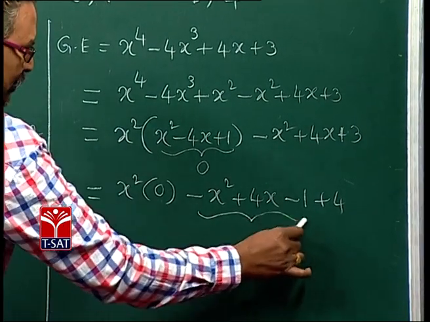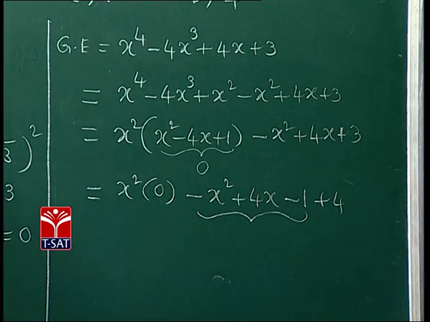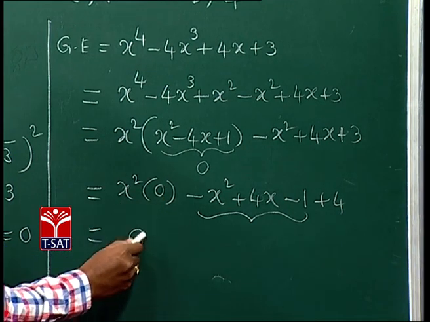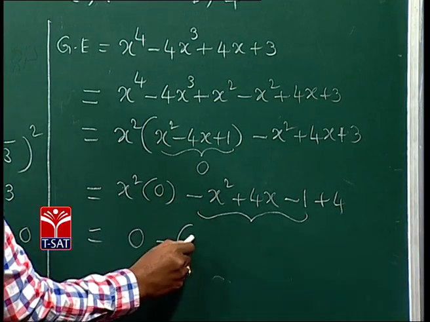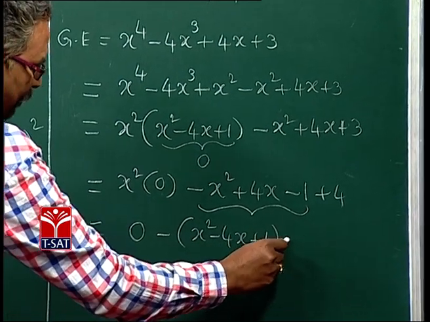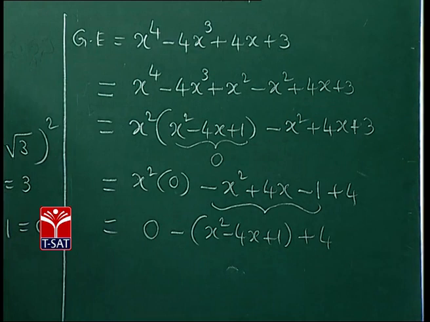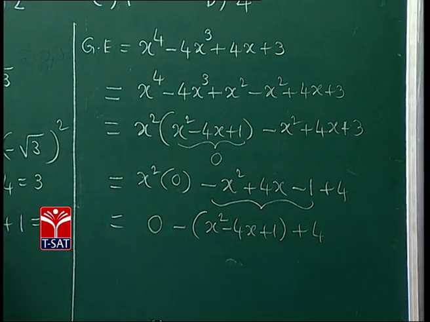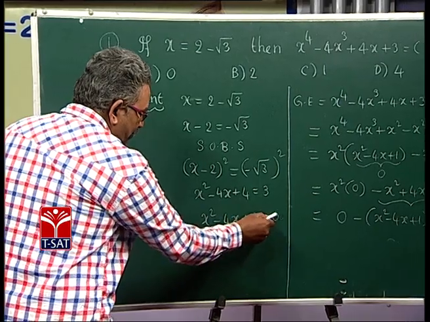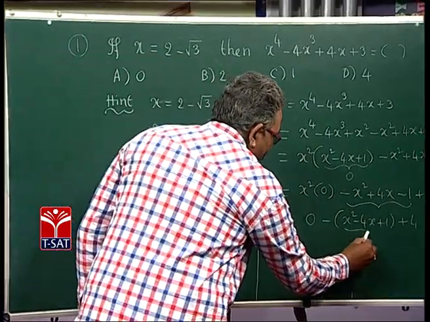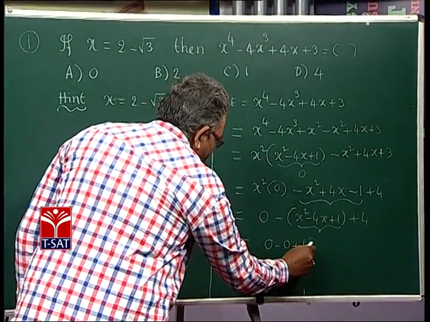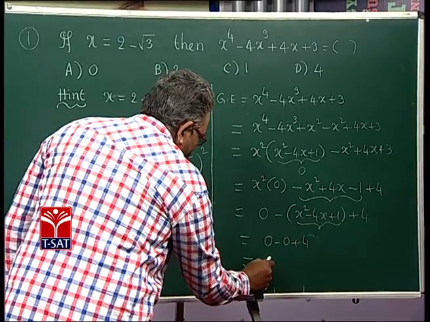From these 3 terms, let us take minus 1 common. See, what do we get? x square into 0, and minus 1 common, we get x square minus 4x plus 1, plus 4. Now, as x square minus 4x plus 1 is equal to 0, this is also 0. So, 0 minus 0 plus 4. So, this equals to 4.